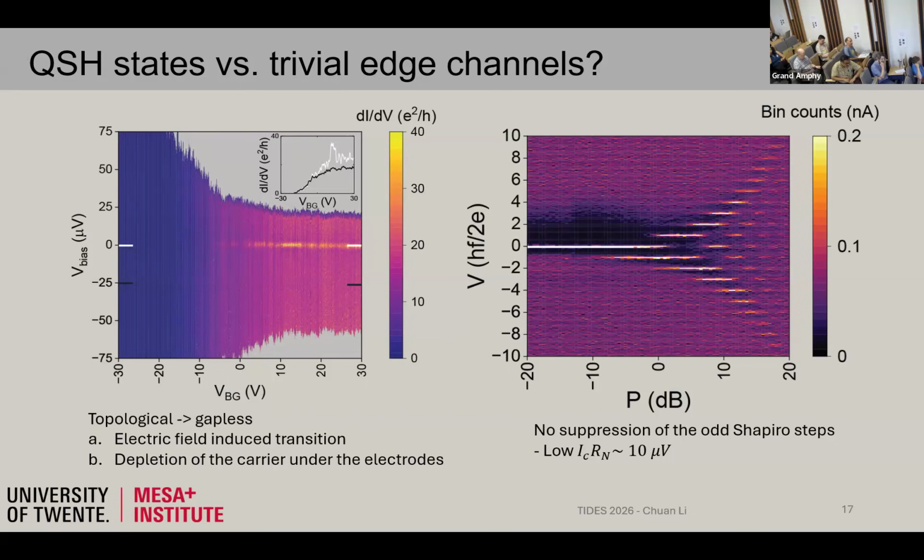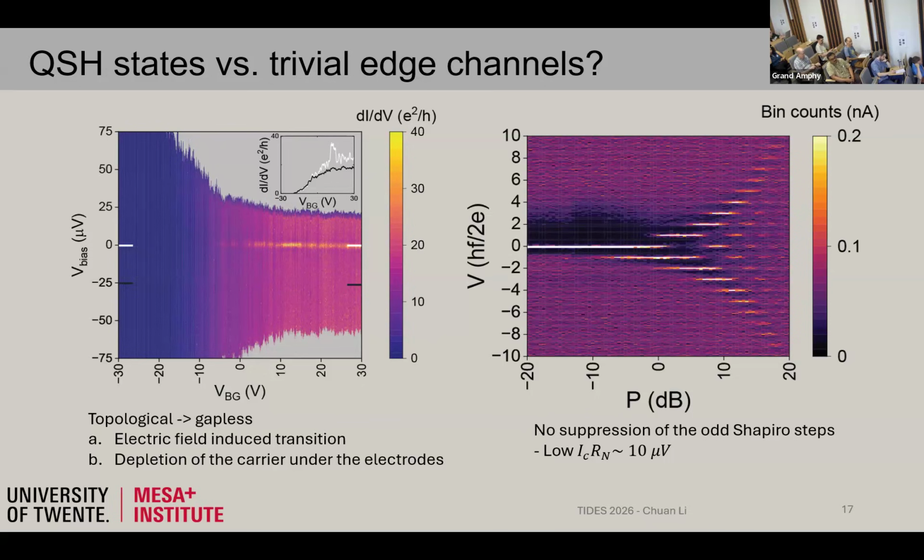If you have a topological state, how can you gap it out? And then of course some more discussion should be considered about the electric field. When you apply the gates, you also apply quite a large electric field, and this could also give extra effects, driving your system in and out of the topological state. So these may be multiple effects together.